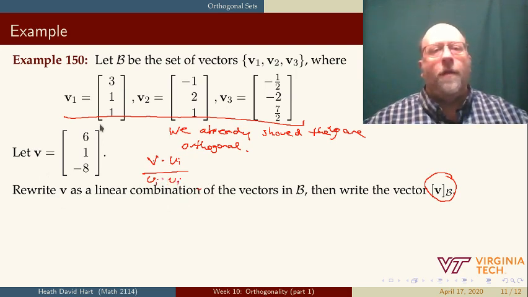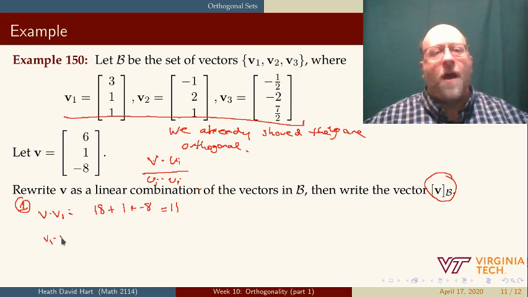So let's do the first vector. V dot v1 is 18 plus 1 plus negative 8. 6 and 3 is 18, 1 and 1 is 1, negative 8 and 1 is negative 8. And that gives me 11.